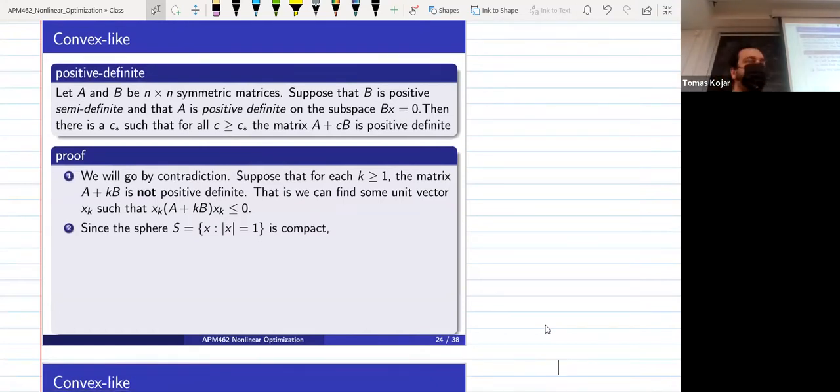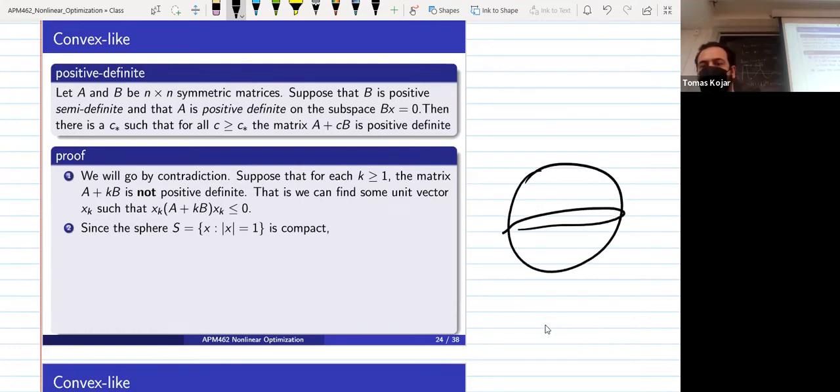But it's a unit vector, so it lives on the hypersphere. So we have these directions, x_k plus 1, x_k plus 3. So you have all these vectors, and they live on the sphere, and a sphere is closed and bounded.